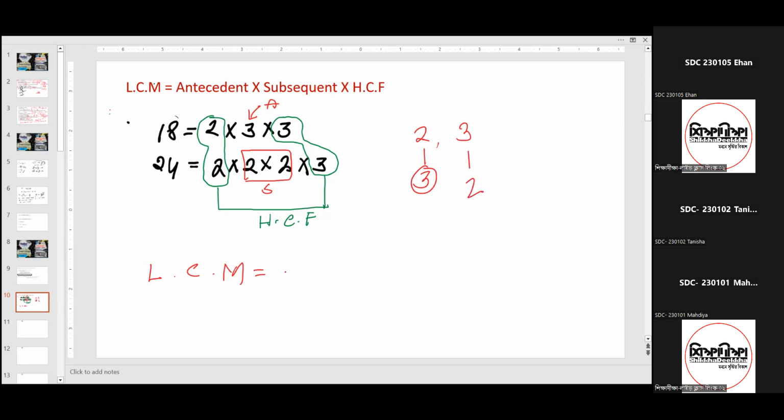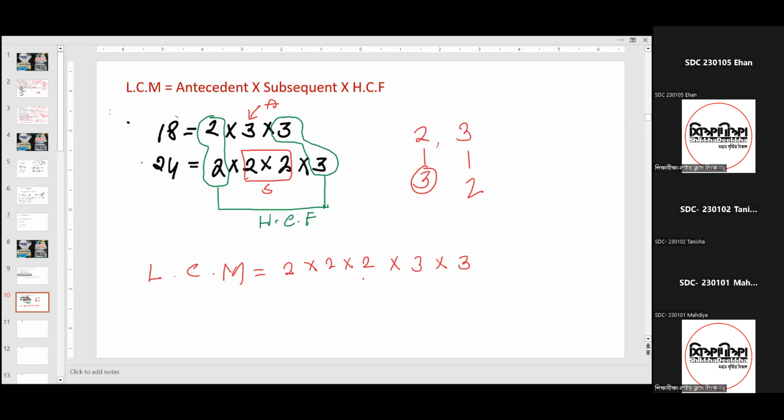So we have to pick 2 multiplied by 2 multiplied by 2 multiplied by 3 multiplied by 3. That's why the method of finding LCM and HCF using prime factors is very important, since it is connected with other things, right? It's very important.